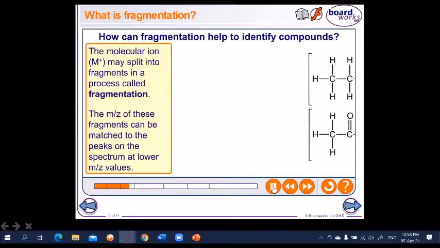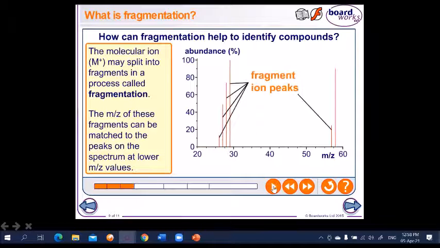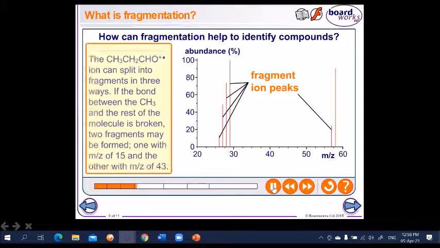So the molecular ion M plus may split into fragments in a process called fragmentation, besides the base peak and the molecular ion peak. The mass to charge ratio of these fragments can be matched to the peaks on the spectrum at lower mass to charge values.